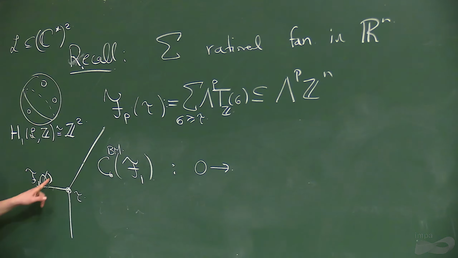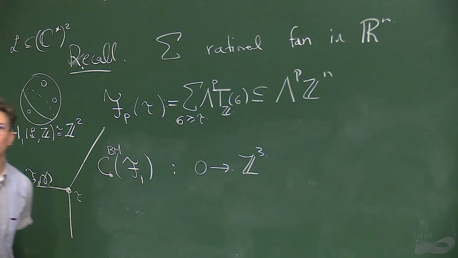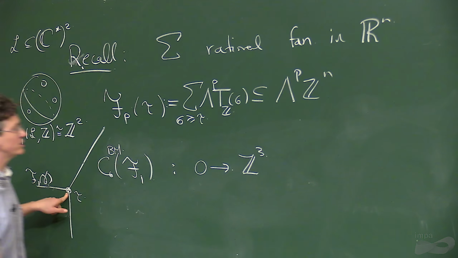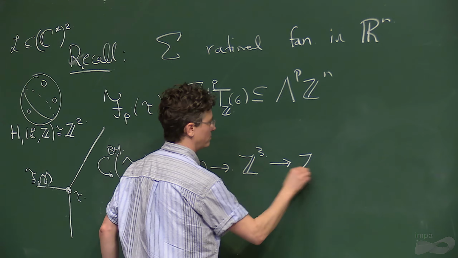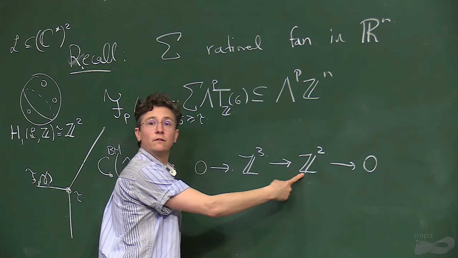In degree 1, I have 3 edges, so I take F1 here, plus F1 here, plus F1 here. So that ends up being isomorphic to Z^3. And at the origin, we just have F1 at the origin.